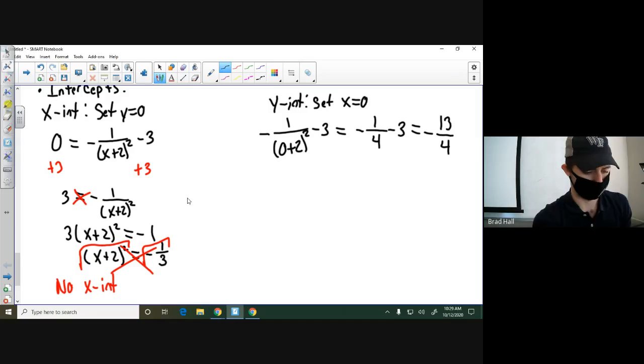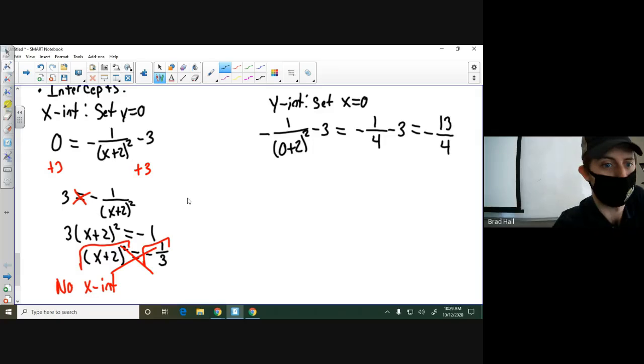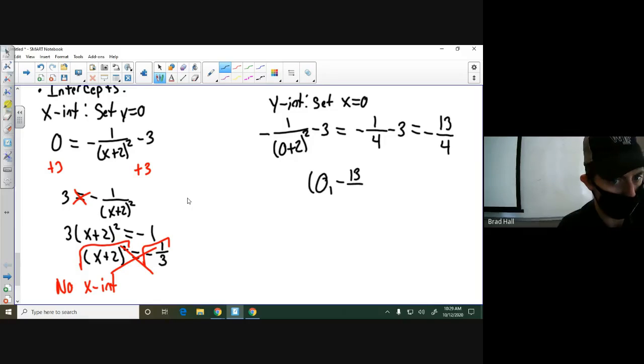So we do get a y-intercept. When x is 0, y is negative 13 over 4.